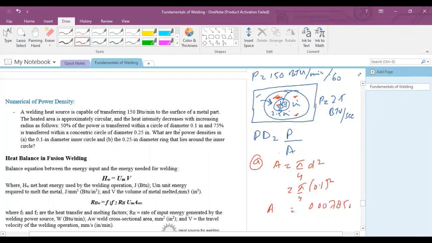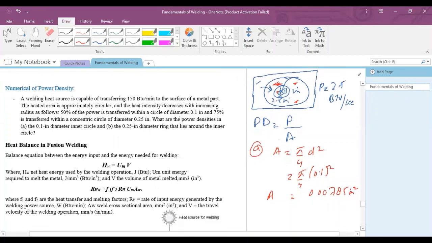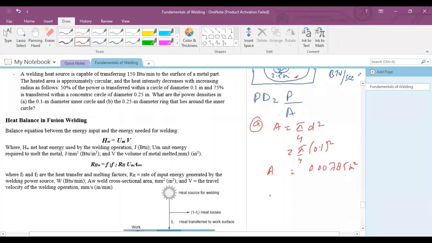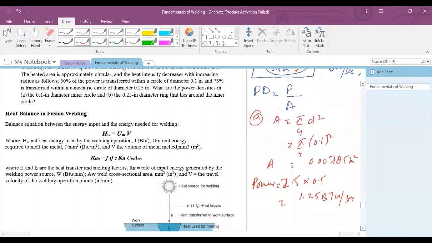And 50% of the power is applying to this circle, so 2.5 BTU per second multiplied by 0.5 gives 1.25 BTU per second applied to the smaller circle.